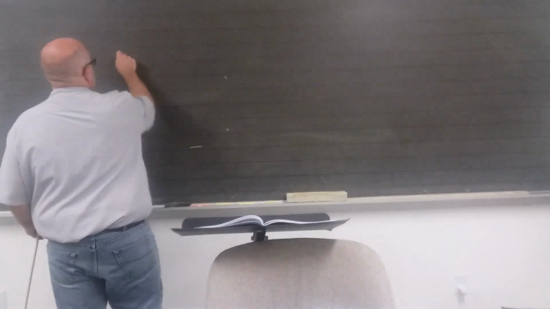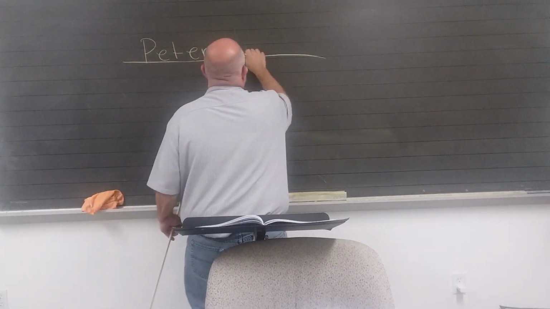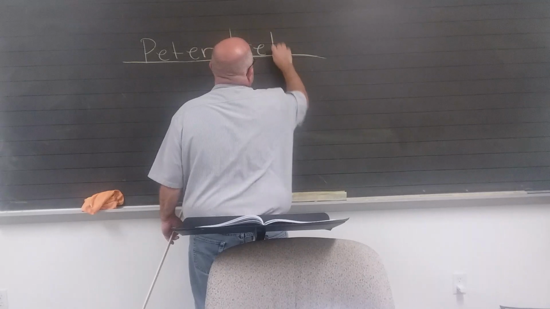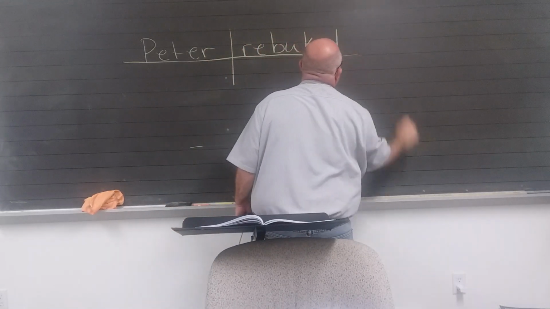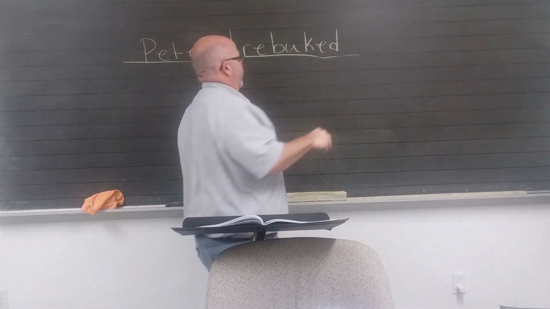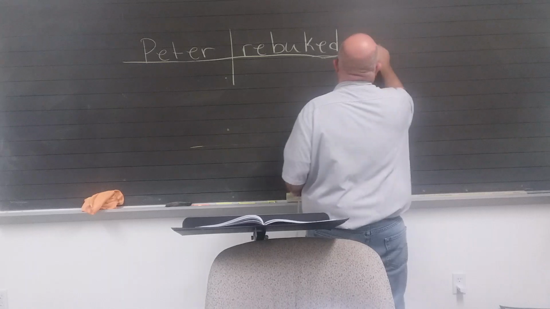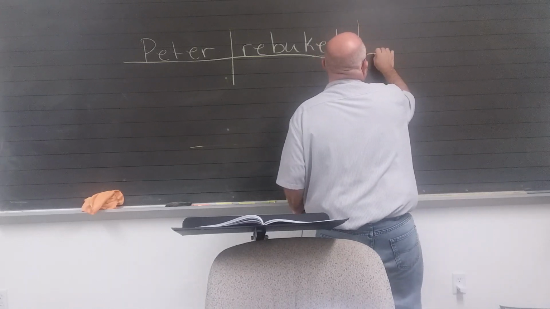Peter rebuked Ananias and Sapphira for lying. Again, figure out subject and verb. Peter rebuked. All right. Who or what was rebuked? Ananias and Sapphira. Remember how to diagram direct objects. Straight line down to the line. Here in this case you have a compound one.